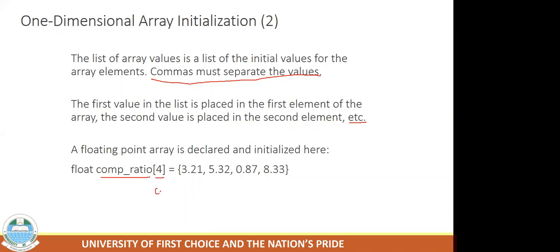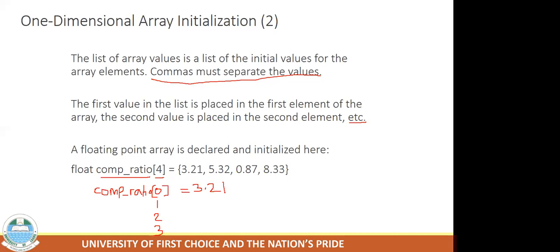So it means starting from 0 to 3: 0, 1, 2, and 3. Can you see? So comp_ratio 0 is 3.21.